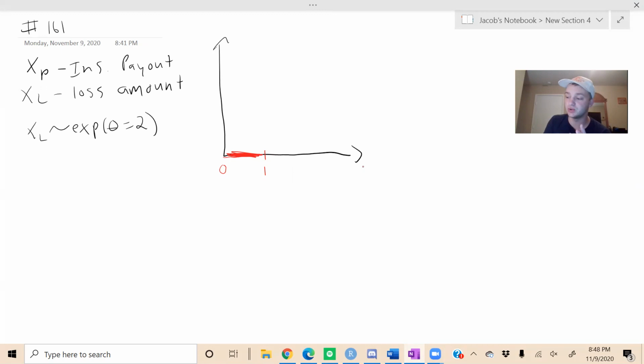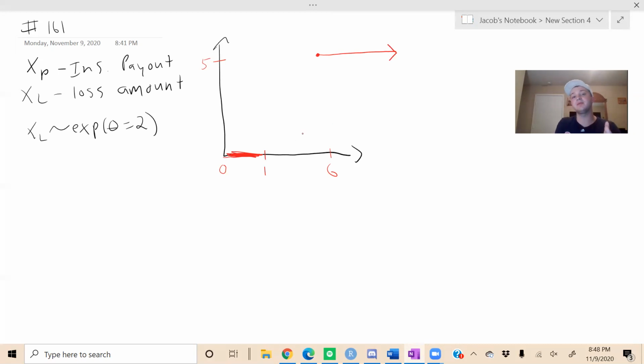Let's also write where our cap is. We capped at 5, so we know that 5 is the highest we'll go. We've already gone 1, so we know this will be 6. So this is going to go at 5 forever. Once you get the payment of 5, the insurance company's not paying out anymore.